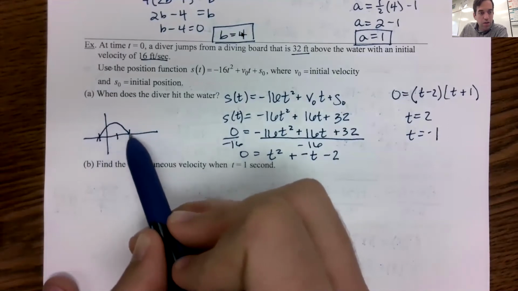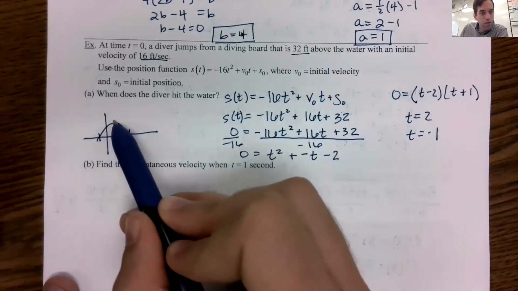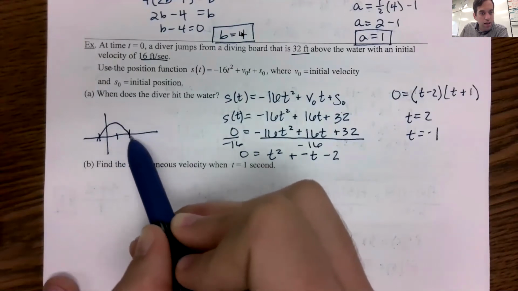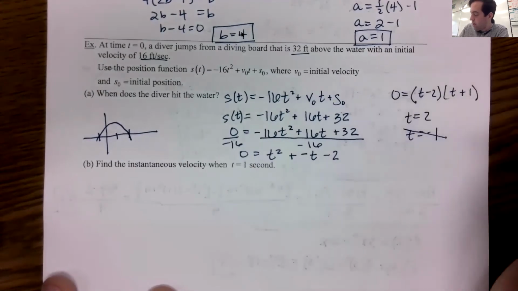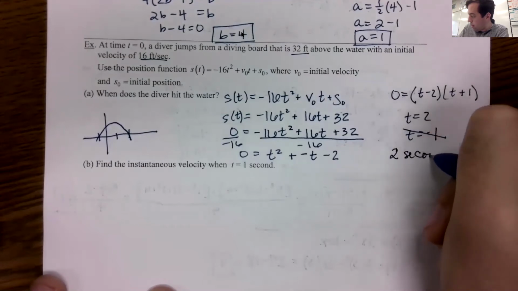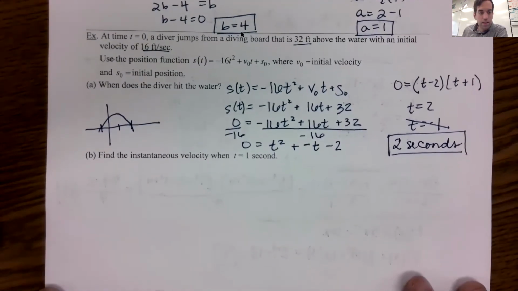So the time only starts this way. This part is an irrelevant part of the graph. We jump and then arch and then end up in the water at this time. So I'm going to cross off that negative 1. That's irrelevant here. And when does the diver hit the water? 2 seconds after the jump. That's what that means.